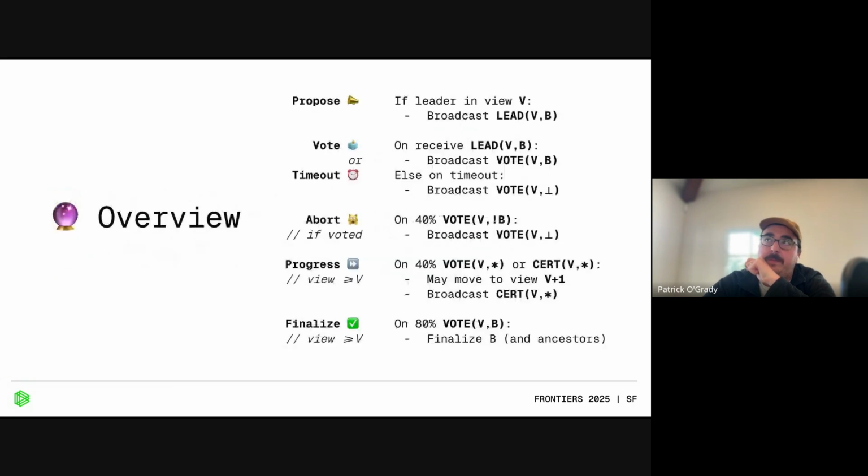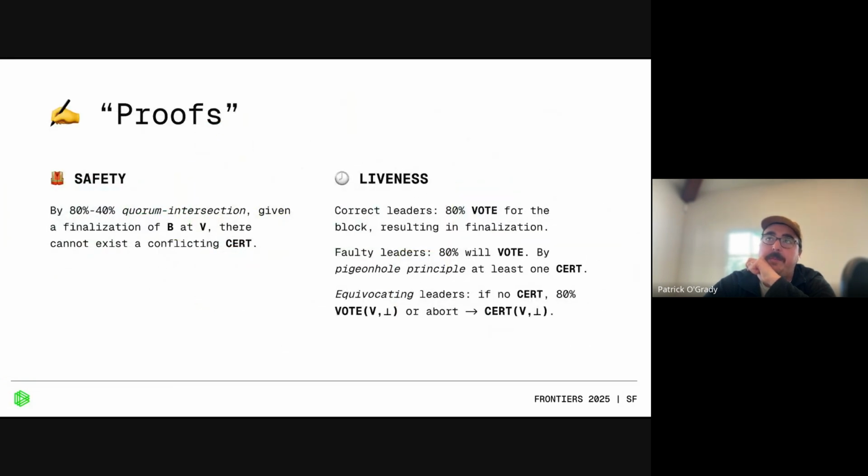But yeah, the safety proofs basically align on those two things: you can't have an 80-40. The existence of that would be a contradiction, is the claim, because there's just not enough votes.